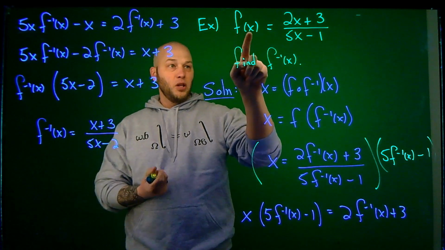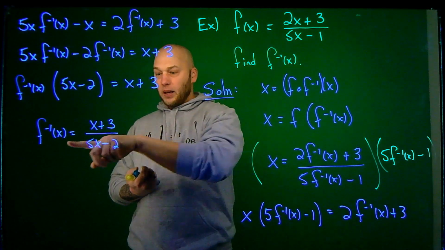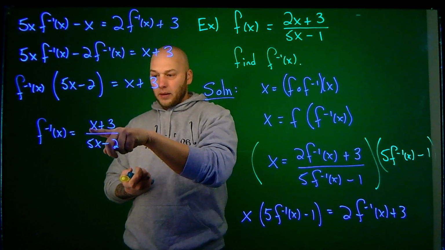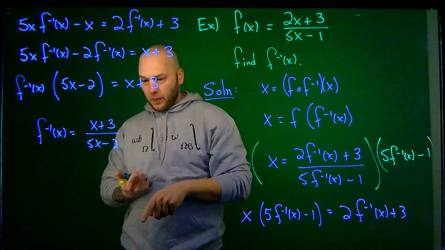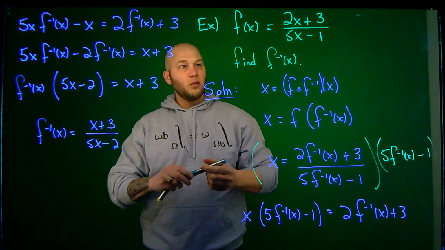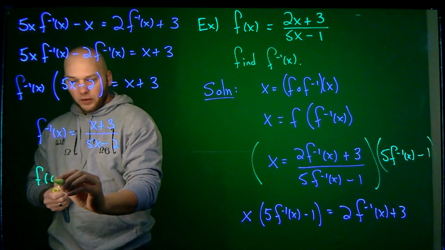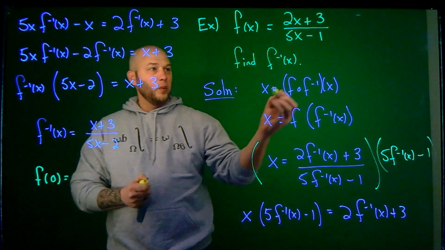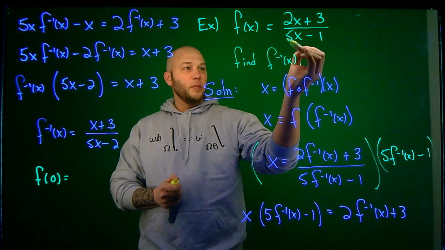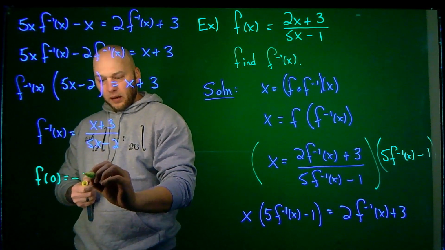Say plug in 0, and you're going to get 3, and then if I take 3 and plug it into this, well, what are we going to get? Let's write it out. So if I take f of 0, notice if I plug 0 in here, I get 0 on the top, 0 on the bottom, so 3 over negative 1, which would be negative 3.